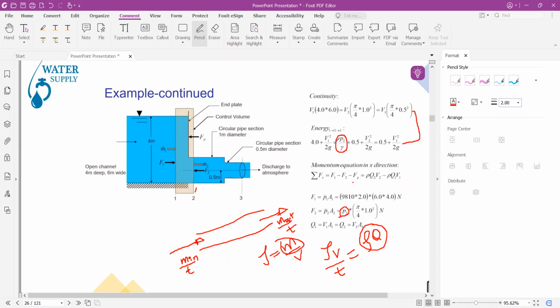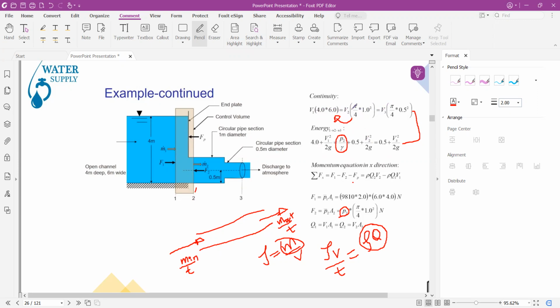To find that, first we have to find the velocities V1, V2 and V3. To find them, just move these coefficients to that side to get the equation of V2 in terms of V1, and similarly the equation of V3 in terms of V1, and plug into these equations.